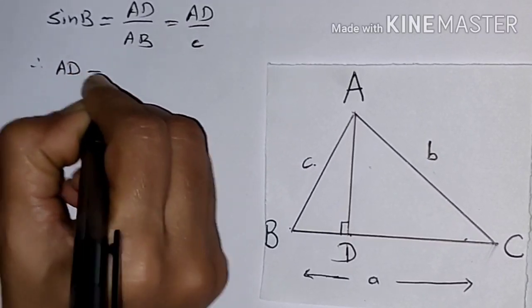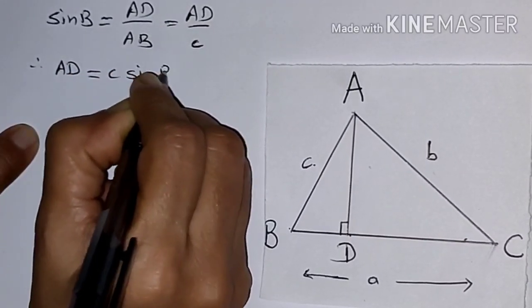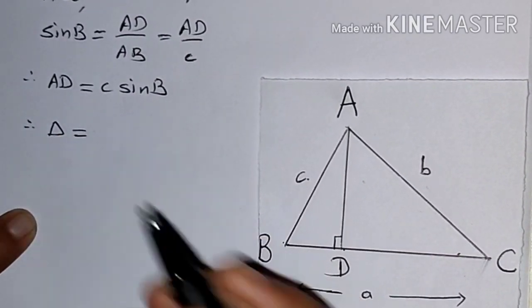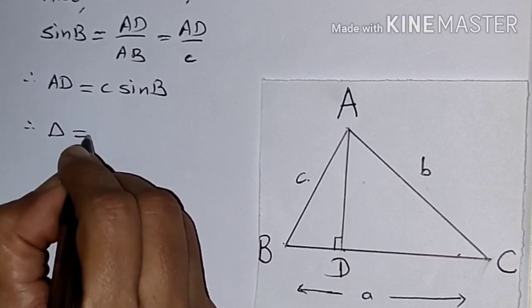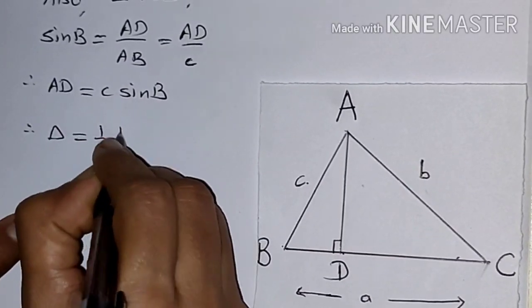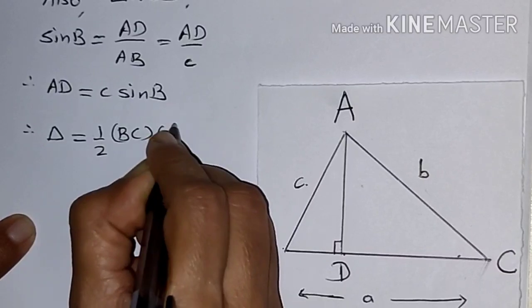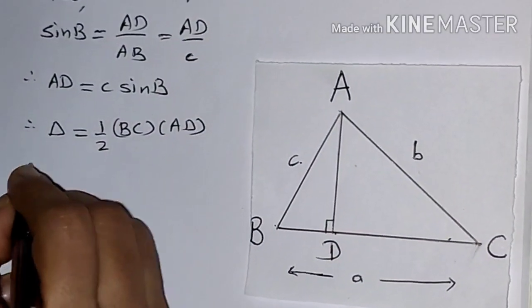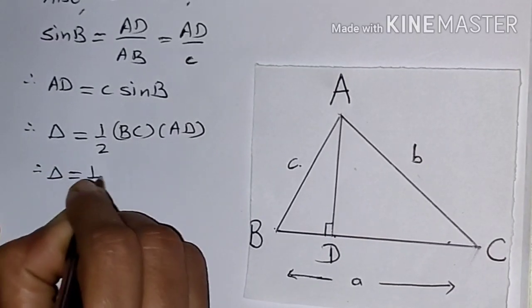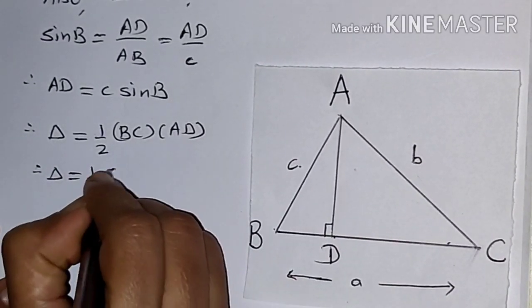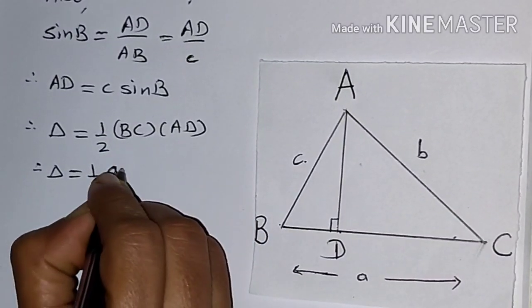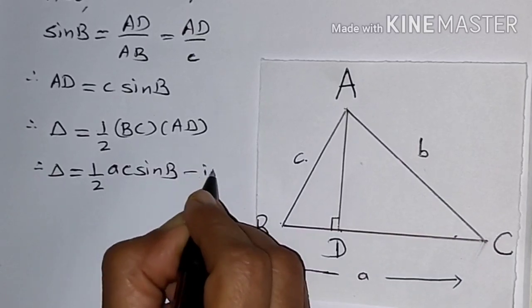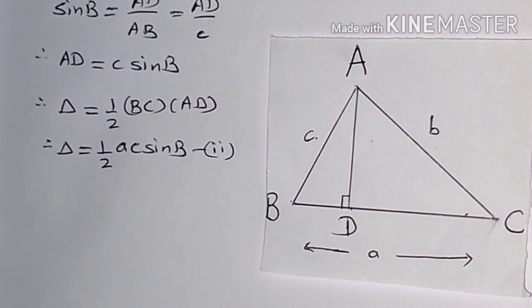So AD is equal to c sine B. Therefore delta can also be written as half BC into AD. So we get delta is equal to half a into c sine B. Let this be equation 2.